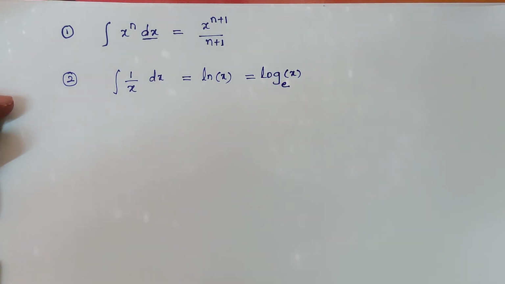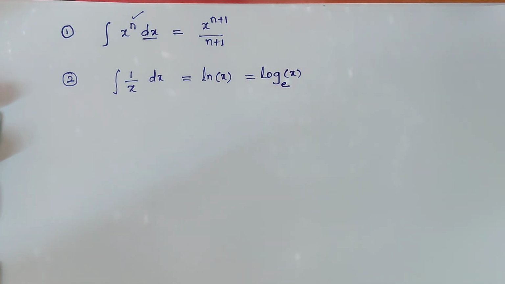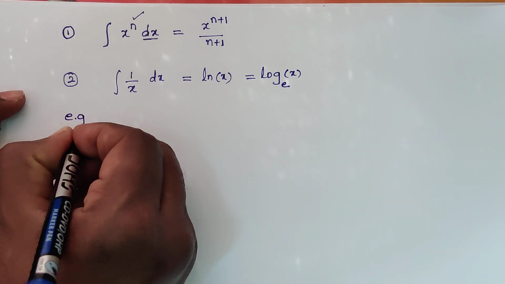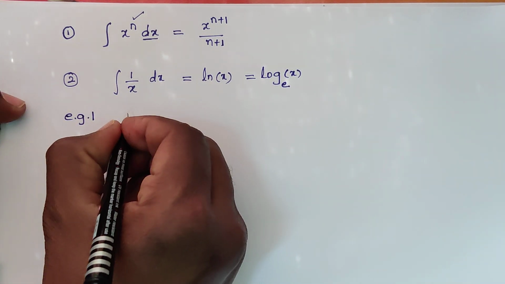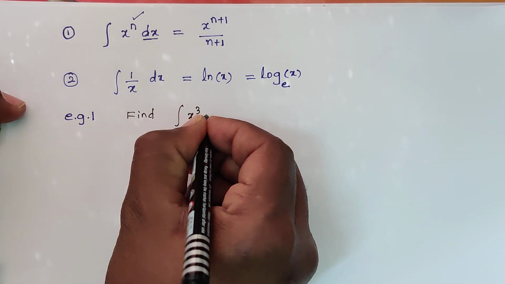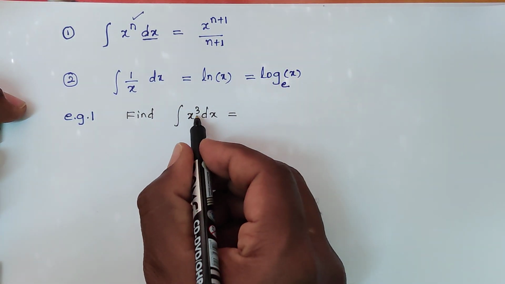Okay, so here I would like to solve some problems on this. Integral x to the power of n dx, that is example number 1. Find integral x cube dx, that is nothing but here n equal to 3.